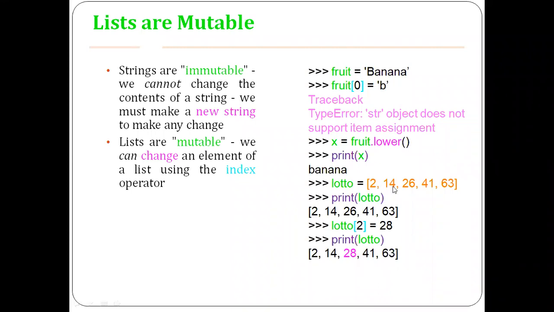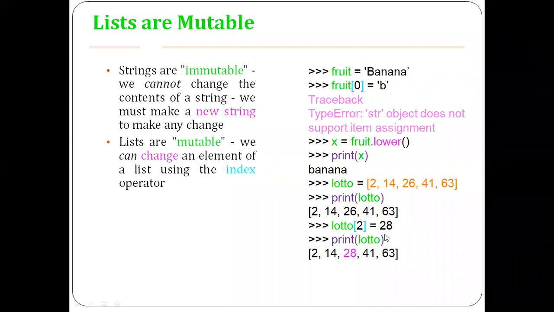The other elements are unaffected, that is 2, 14, 41, and 63. They are not changed here. The only thing is that we have changed the value at index number 2 from 26 to 28. We don't know the initial value, but we are just overwriting the previous content.